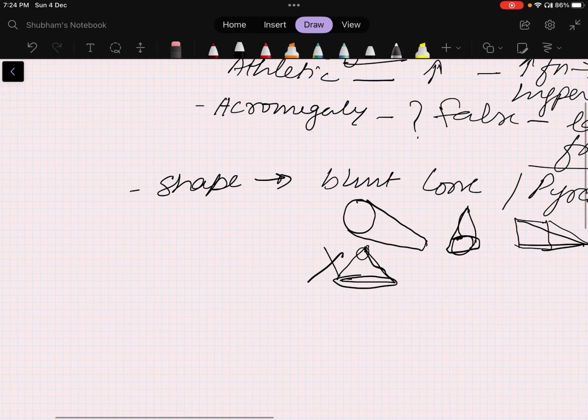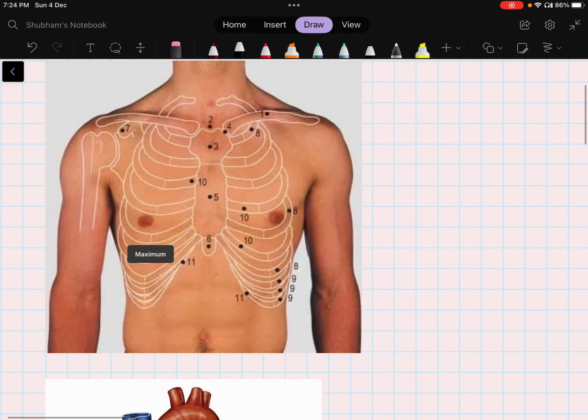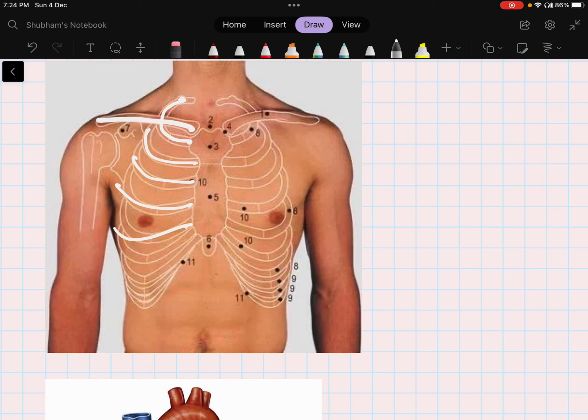So let's understand how our heart is placed in our body. This is a normal thorax with a rib cage. Here we can say these are our clavicle and our normal rib cage.